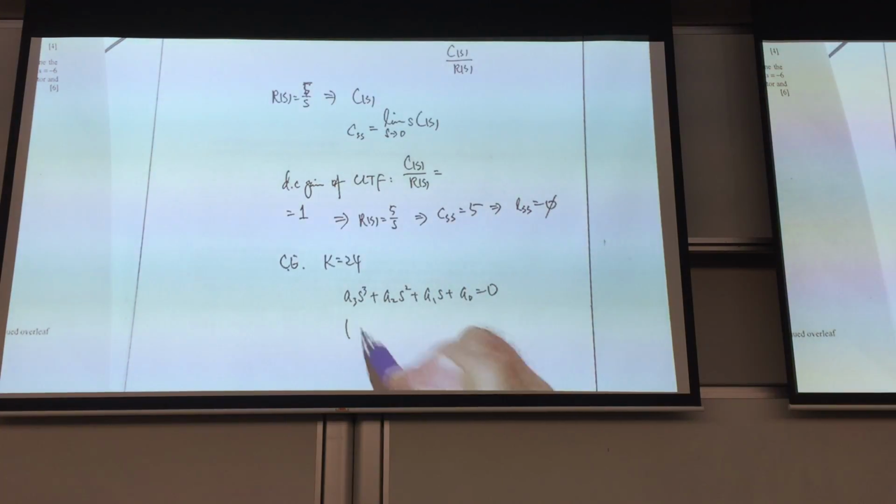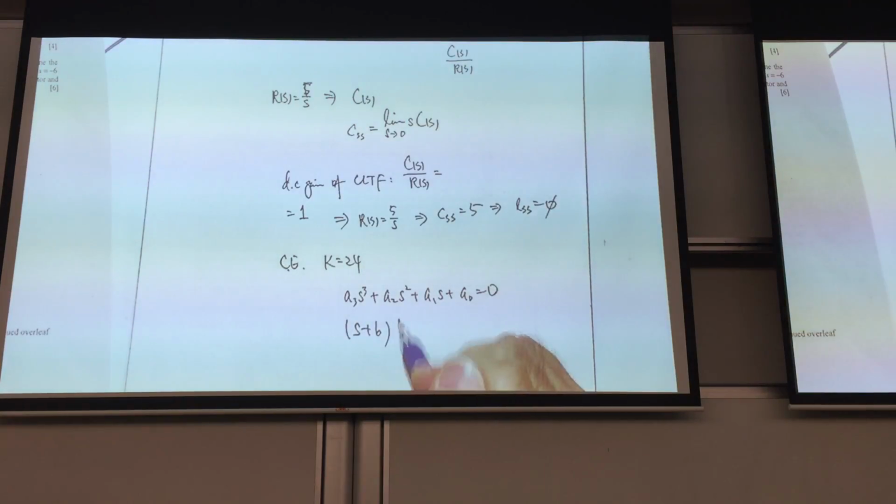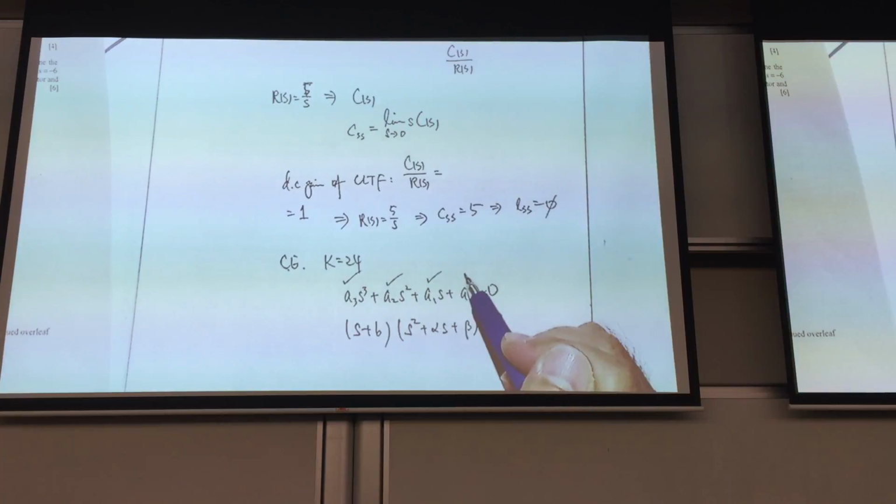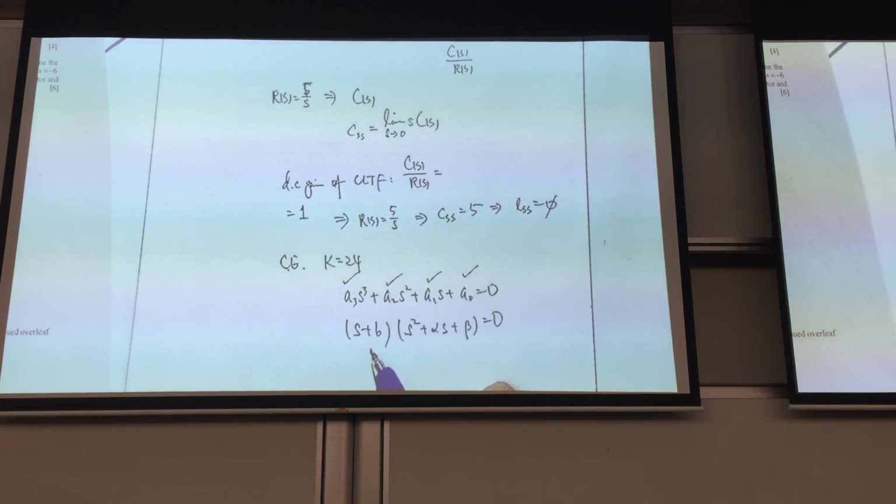And this basically can be written as (s plus 6) times (s squared plus alpha s plus beta). These are all known values. Based on this information, you will be able to determine what your alpha and beta are. Once you determine your alpha and beta, you know where the dominant pole is going to be located.